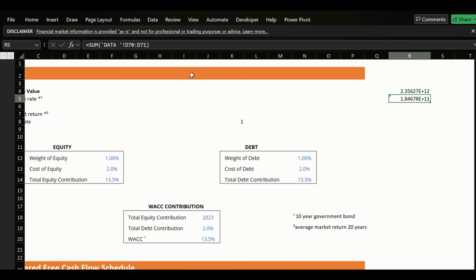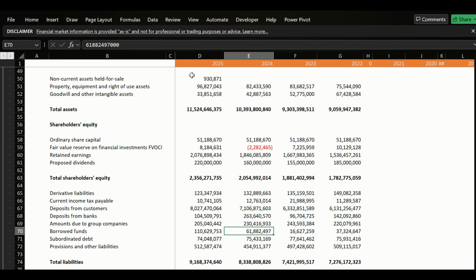So this is about okay. All I necessarily have to do right now is maybe pick figures that are accurate.